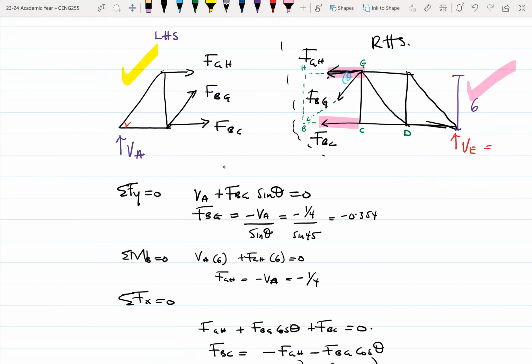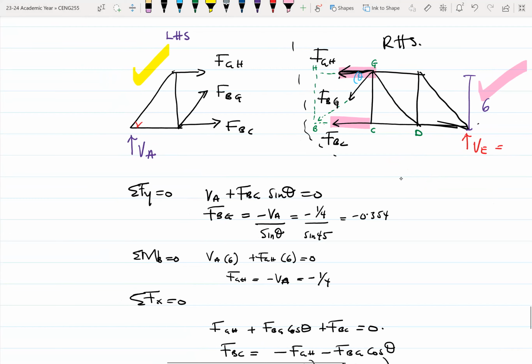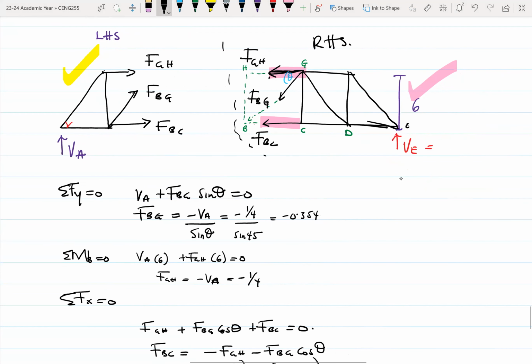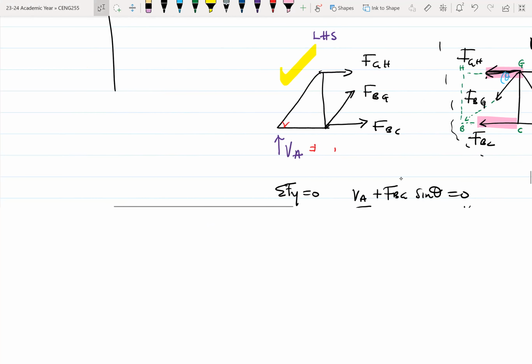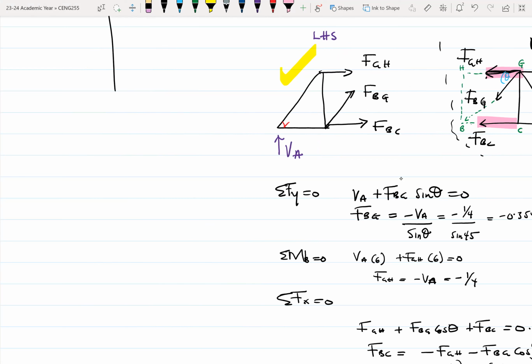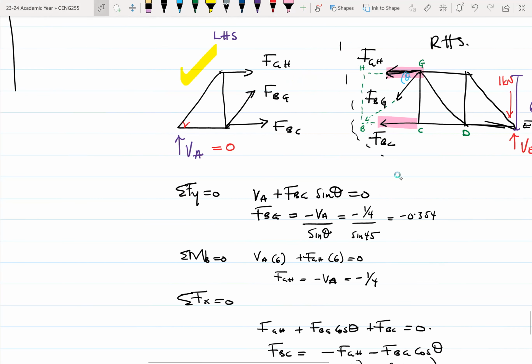So now I have my 1 kilonewton load at E. So at E, we get 1. At VA, we get 0, and it means that here is 0.